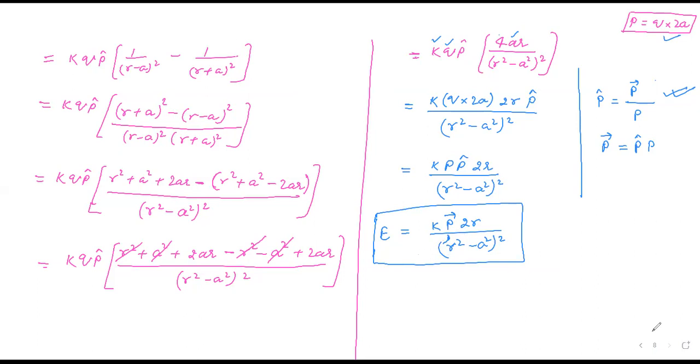Yes, sir. Okay. We get the value of E is K vector of P 2R over (R square minus A square) whole square.